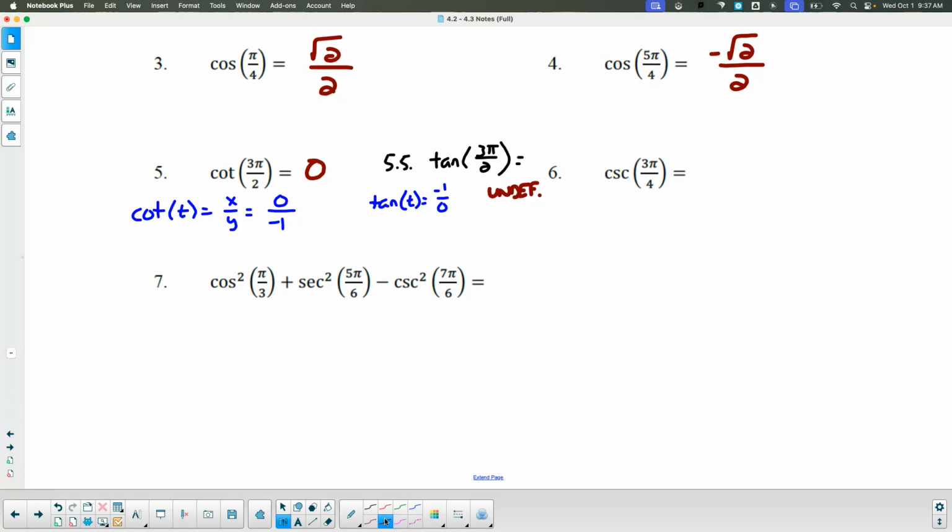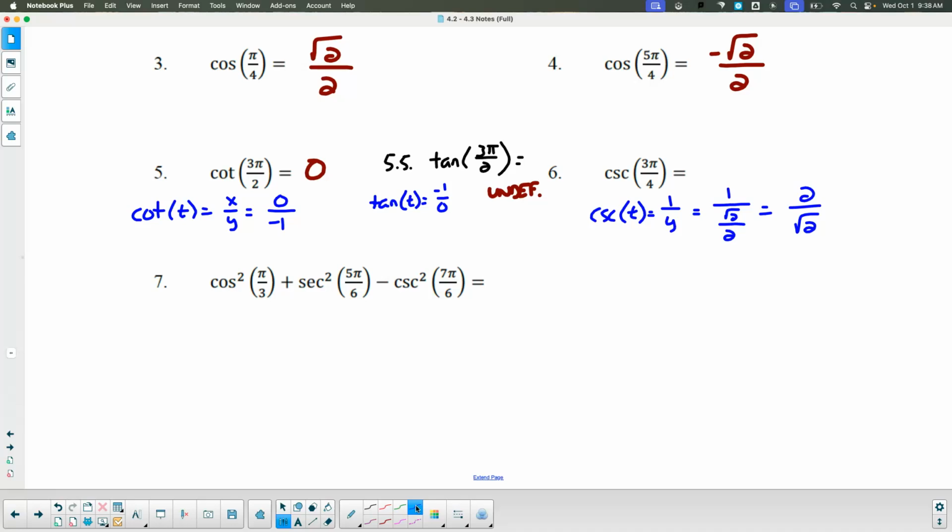Cosecant at 3 pi over 4. Cosecant was 1 over y, correct? Reciprocal of the sine, yes? Okay. So that's going to be 1 over the sine at 3 pi over 4. The sine is root 2 over 2. Or the reciprocal of root 2 over 2 is 2 over the square root of 2. With me on that?